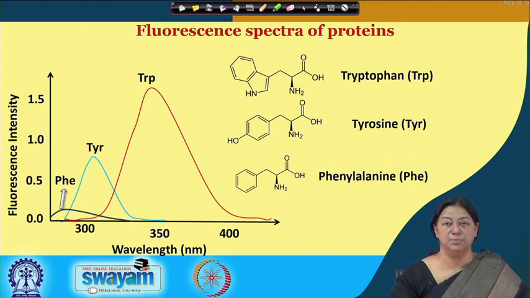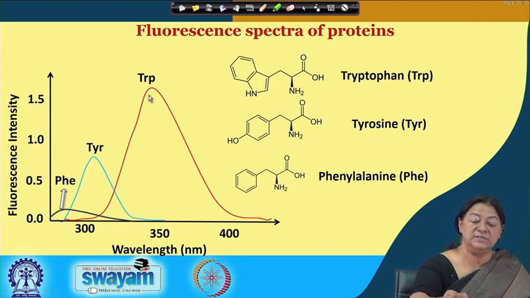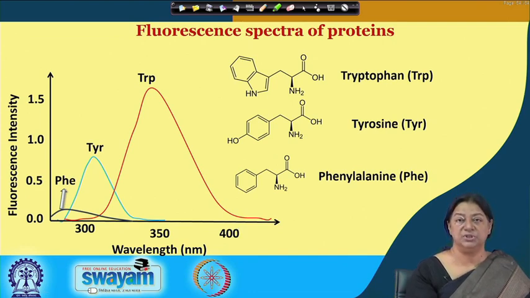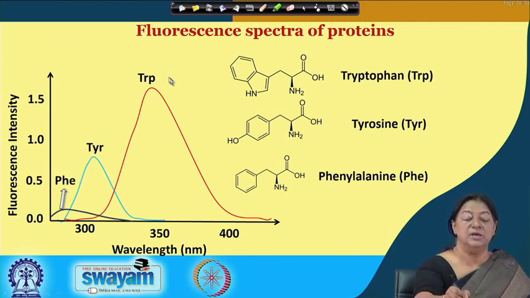Now, if you want to look at the specific structure of an amino acid, or the specific location of an amino acid in a protein, and see what happens: if this is the fluorescence emission spectrum for tryptophan in a particular position in a protein, any perturbation or change in the environment is going to result in a change in the fluorescence emission. So, we can have a quenching of fluorescence.